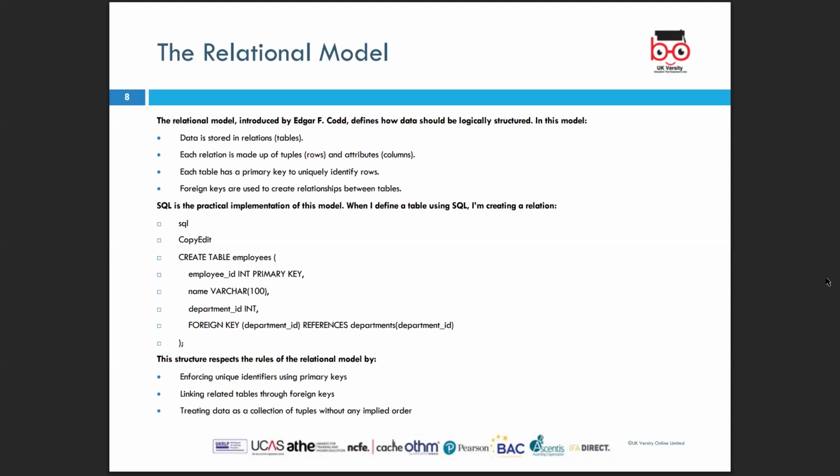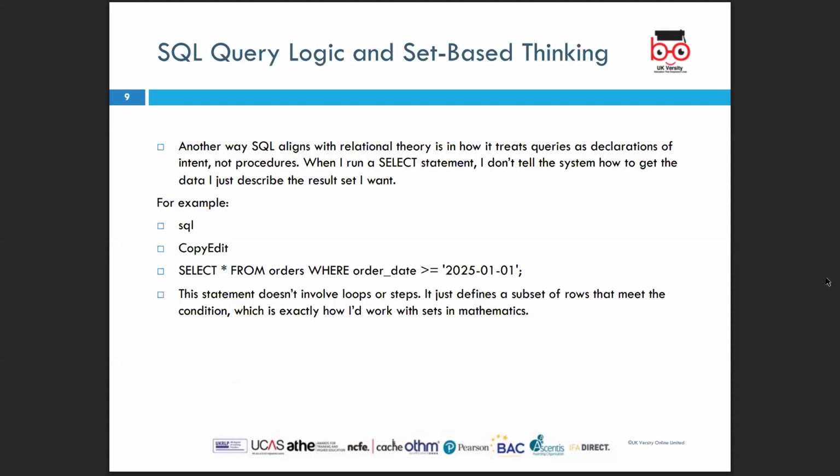Each table has a primary key, a unique identifier for each row. And then foreign keys are used to create relationships between tables. So we now know that SQL is the practical implementation of this model. When we define a table using SQL, we're creating a relation.